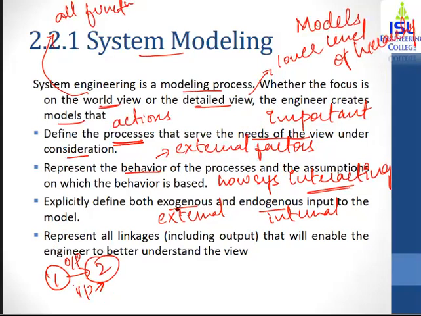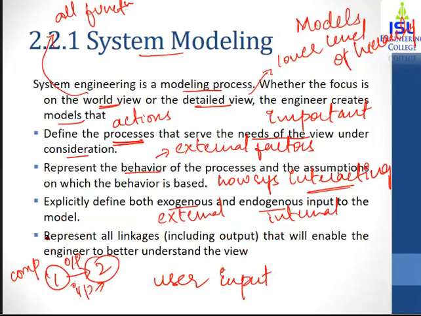So you get to know what are the different external and internal inputs the system is going to get. Internal inputs are what are given by the specific components, whereas external inputs are what the user is going to give externally.